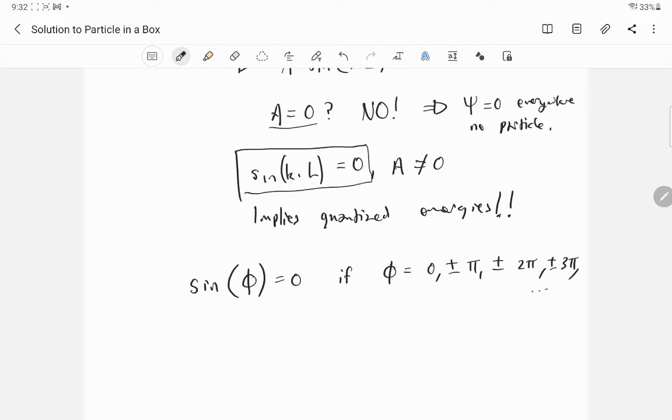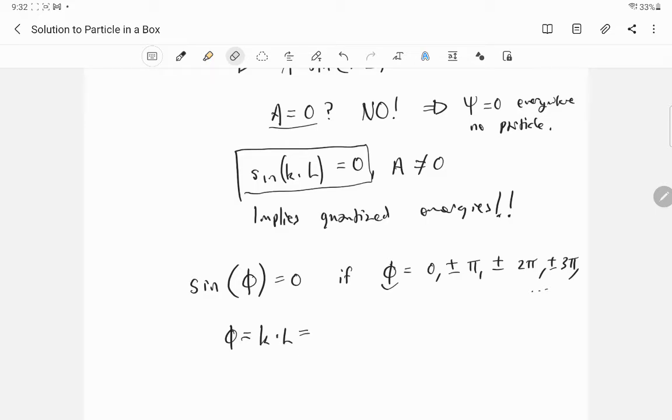So the answer is going to be that k times L, which is sitting as the argument to the sine function, must be either 0 or an integer multiple of pi.